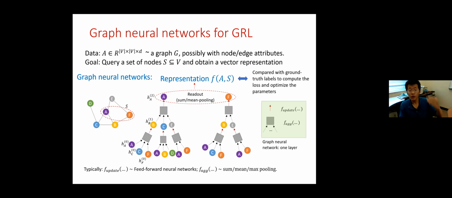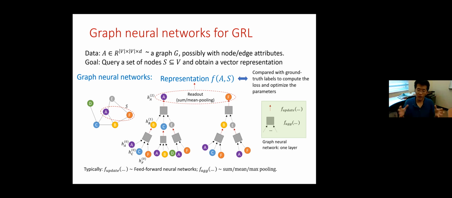The graph neural network just iterates this way, using different layers. Finally, it reads out the representations of the nodes in the node set via an aggregation operator to get the final representation.